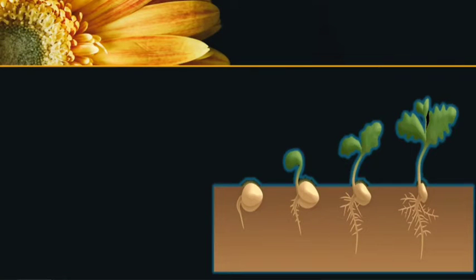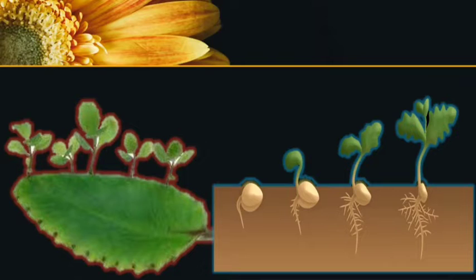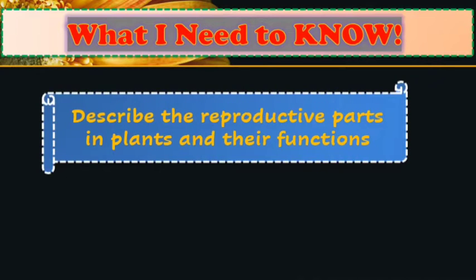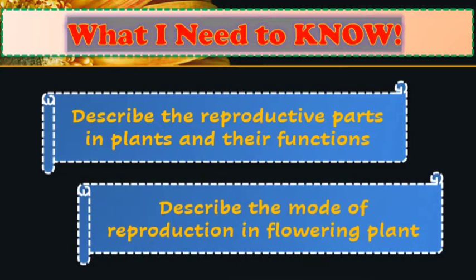Some reproduce through their seeds, while some utilize other plant parts. In this module, you will learn more about the reproductive plant parts and their functions. This lesson is intended for you to describe the reproductive parts in plants and their functions, and describe the mode of reproduction in flowering plants.